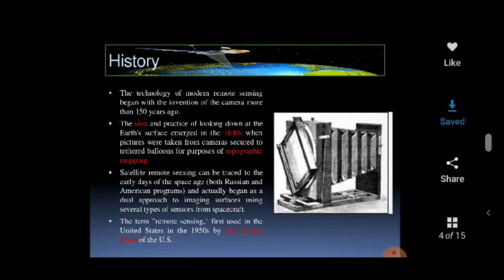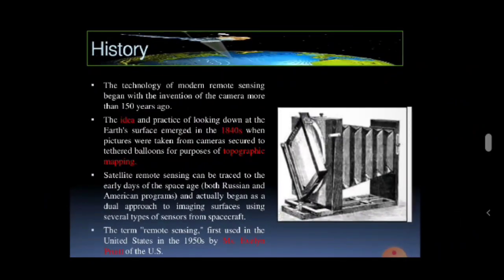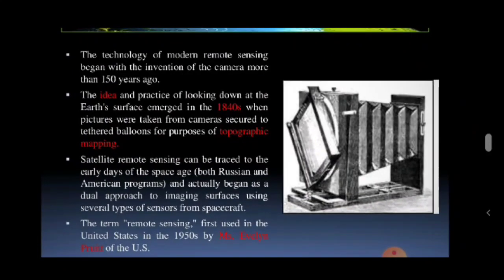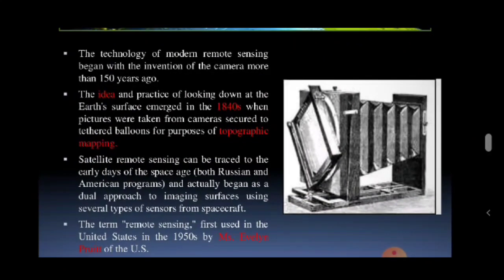When it comes to the history of remote sensing, it goes far back, over 150 years, to two centuries back. Today remote sensing deals with satellites and all the other new technical devices, complicated stuff.